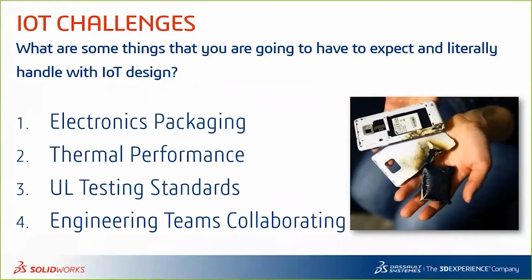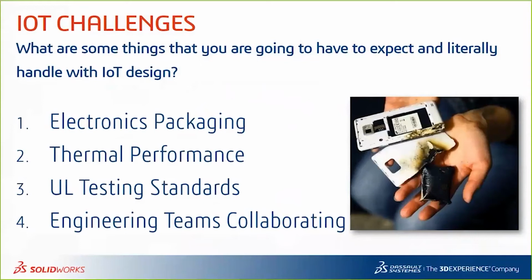Thermal performance: as these small components have added capabilities, there is a possibility of it heating up. UL testing standards: all these components have to pass UL testing standards, and if it does not, it will never see shelf space. And of course, because of how these IoT devices work, it is a combination of mechanical and electrical, electronic.